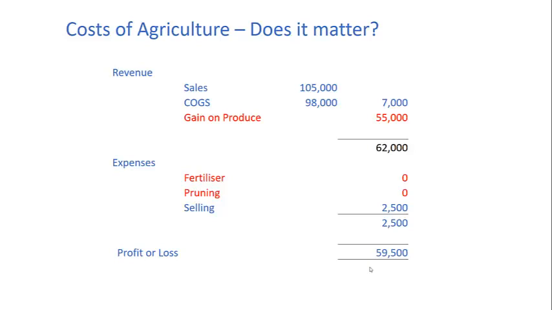Quite obviously, if you attribute more costs to the agricultural produce, then it's going to reduce the gain on production, but it's also going to reduce the expenses, and this is going to be exactly offsetting. That's why there's not much concern with how we account for the costs incurred in the production process, the agricultural process, and why we have so little concern with what goes into the determination of the cost of agricultural produce. Because at the end of the day, it just doesn't matter. It all gets balanced out at the end of the day.